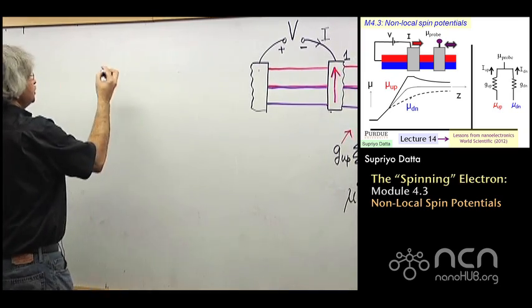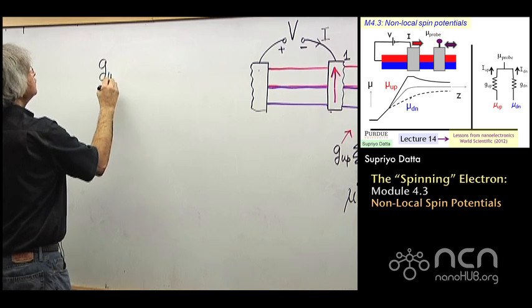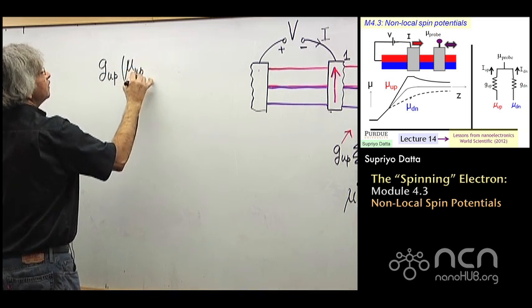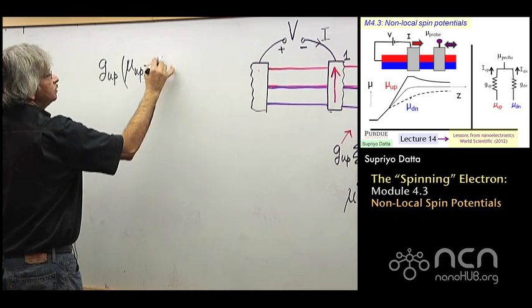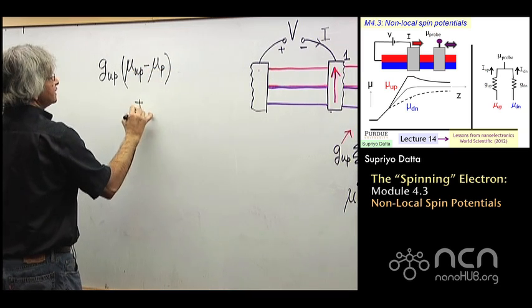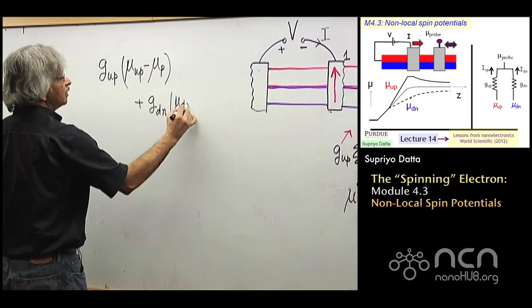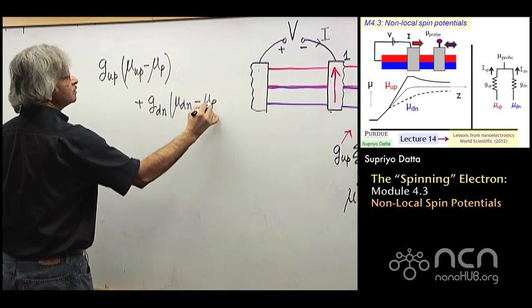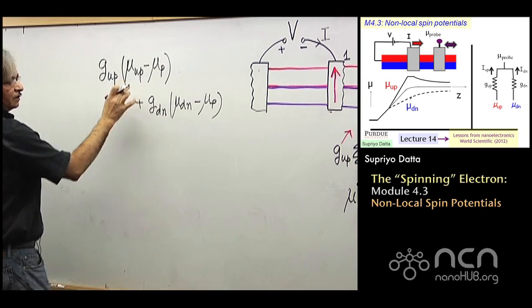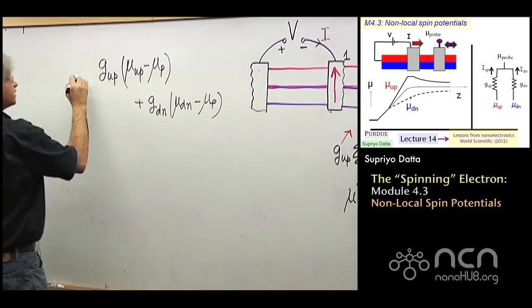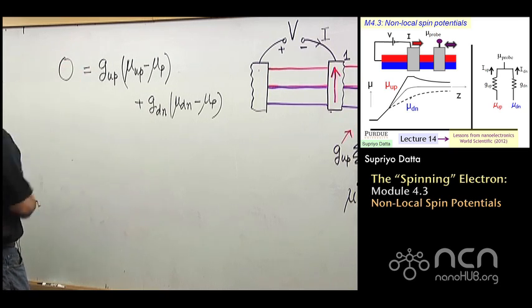G up times this potential difference, which is mu up minus mu probe, plus G down times mu down minus mu probe. So this is the current in this up conductance, that's the current in the down conductance, and those two things must add up to 0.